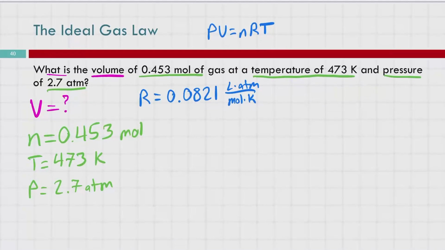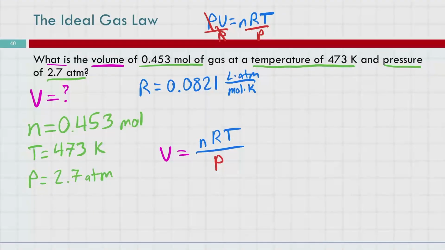Okay, now getting on to solving the problem. V equals, who knows? So we need V by itself. We're solving for V. So let's move P. We move P from the left side to the right side, and we get V equals nRT over P. Always a good idea when we're doing ideal gas law problems, go ahead and check, make sure our units are matching.